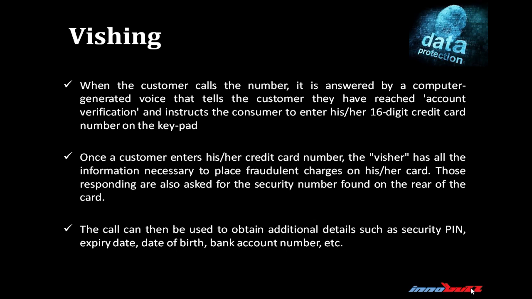Those responding are also asked for the security number found on the rear of the card. The call can be used to obtain additional details such as security PIN, expiry date, date of birth, account number, etc.